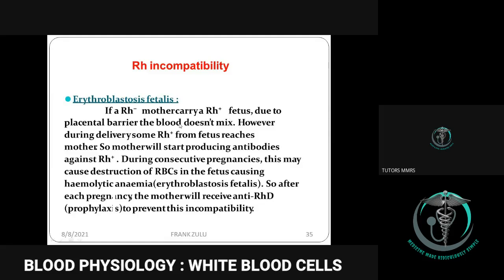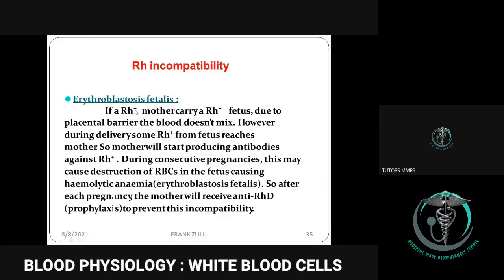These two systems will not mix because blood from the child and the mother does not mix, because of the placenta barrier. However, during delivery, there's some blood mixing from the fetus to the mother. So what you're essentially doing is introducing RH positive blood into a mother's RH negative blood.